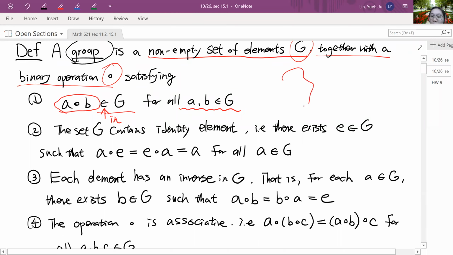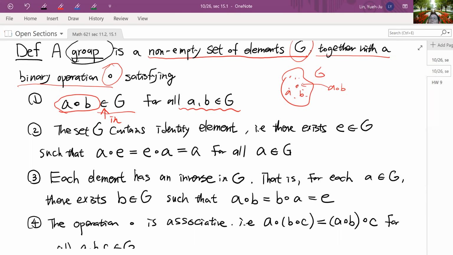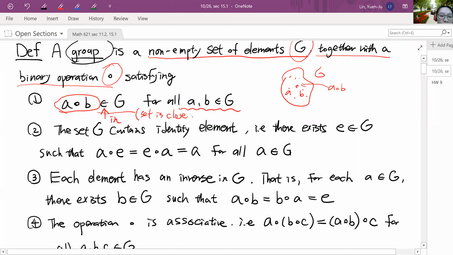So if you have some collection G with a whole bunch of elements, and one of them is A and the other is B, you need to make sure that after A acting on B, it still lies in the collection. If the collection is too small in some sense, then A acting on B might fall out of the collection. That's why you need to make sure that A operated with B still lies in your set G. So that's the first thing. Sometimes we say the set is closed under this operation.